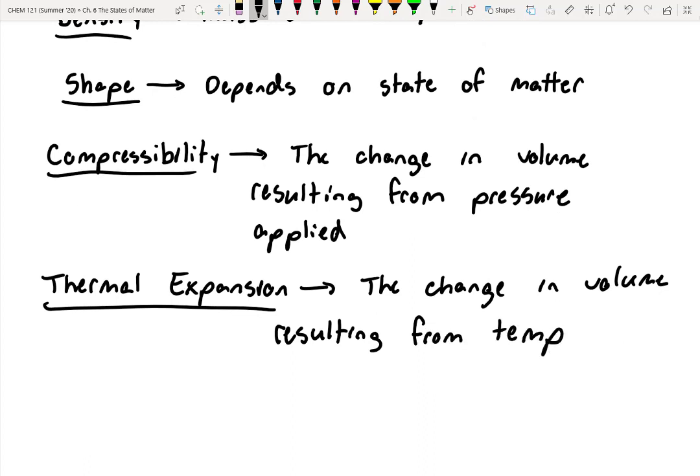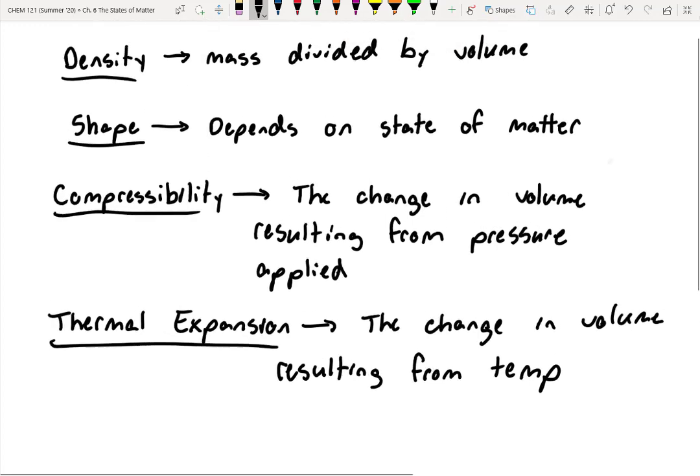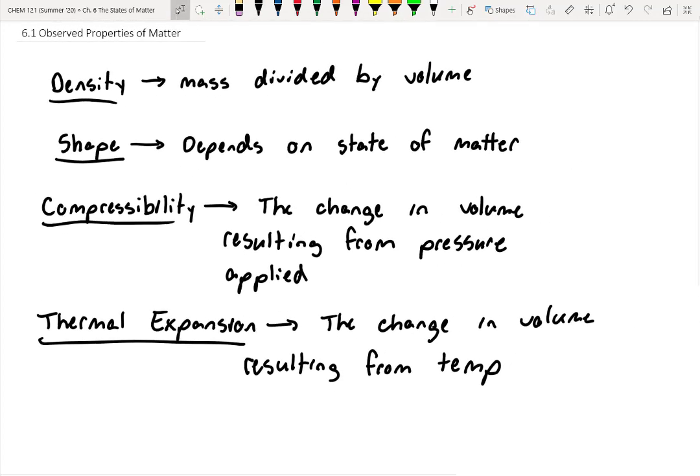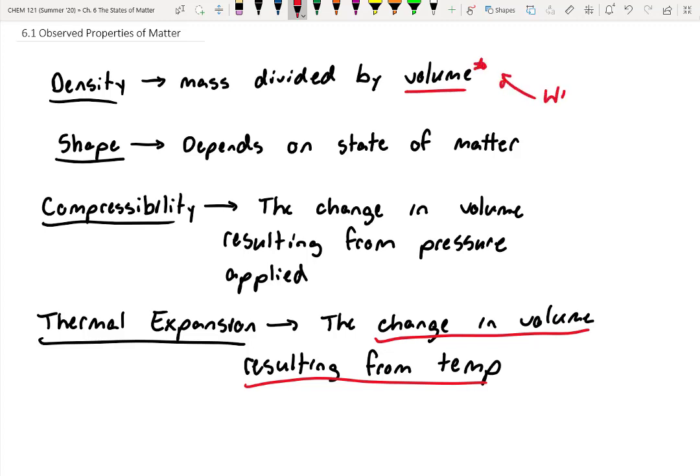All right, so all of these are pretty important. I did want to really go back and hit one point though. So down here, we said that we get a change in volume resulting from a change in temp. But up here, we were measuring volume. So normally, we should give the temperature when we're listing density.